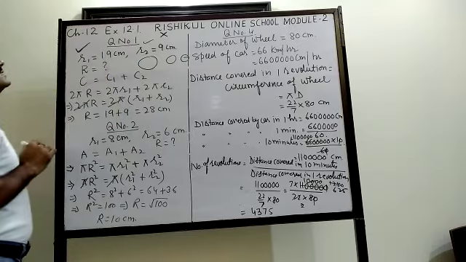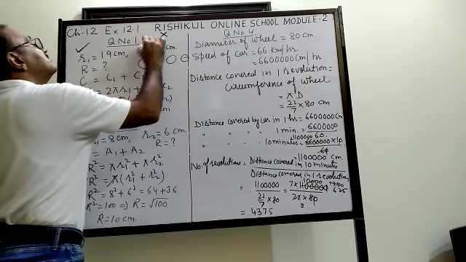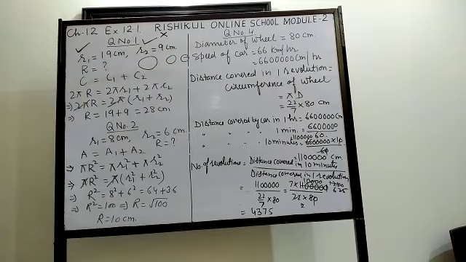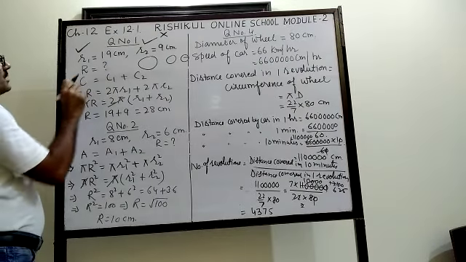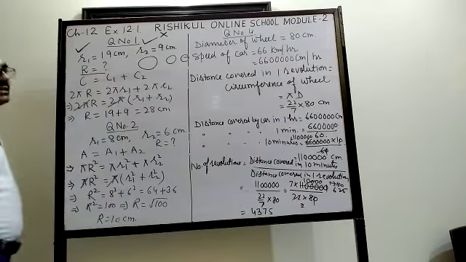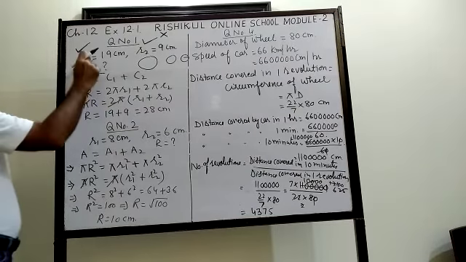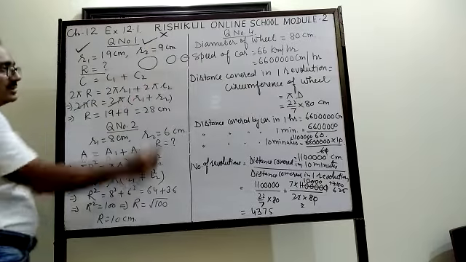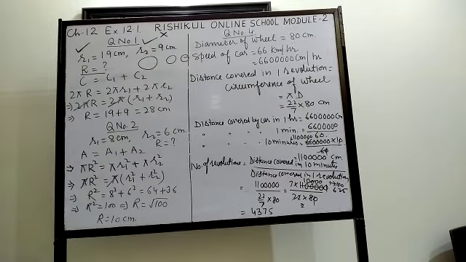Circumference of this circle plus circumference of this circle equal to the circumference of that circle. Clear? So circumference of circle is 2 pi r. Suppose radius of that given circle be R, and 2 pi r1, circumference of the second circle 2 pi r2. Clear?